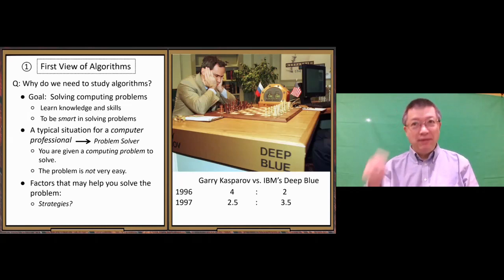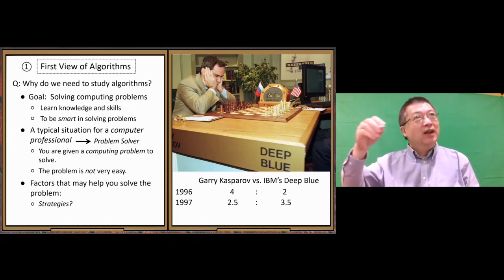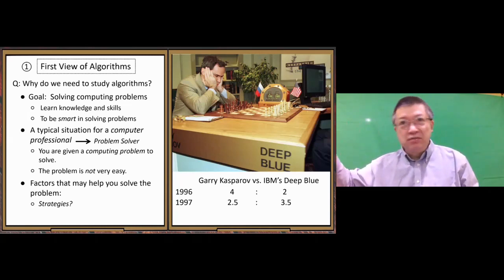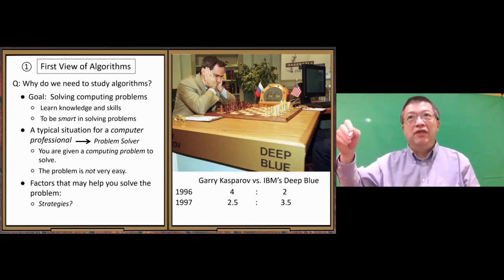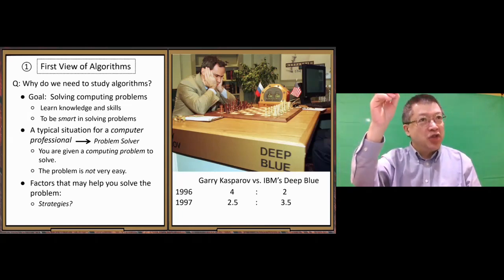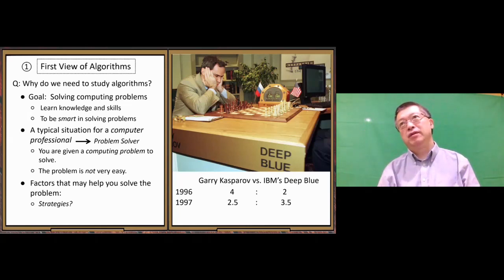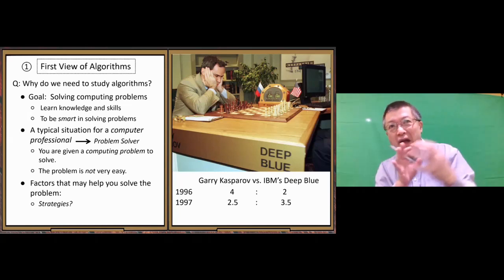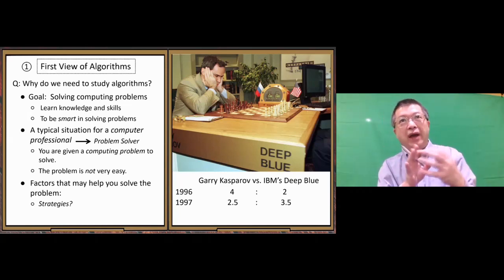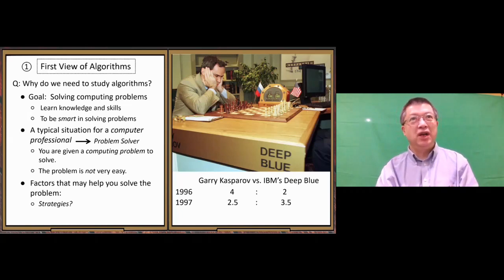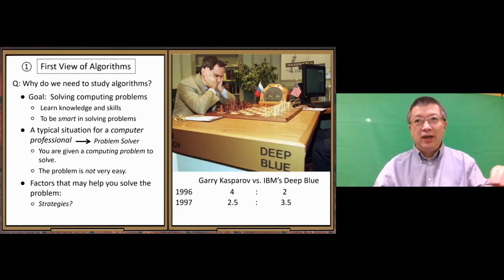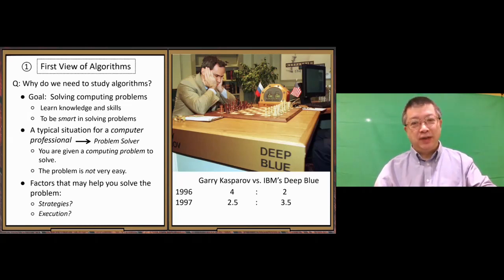Think about what kind of algorithms are inside that AI chess program. Very advanced algorithms. So here I want to connect to the algorithms, the power of the algorithms. Here you can see a little bit. So that's this example. Exciting example.